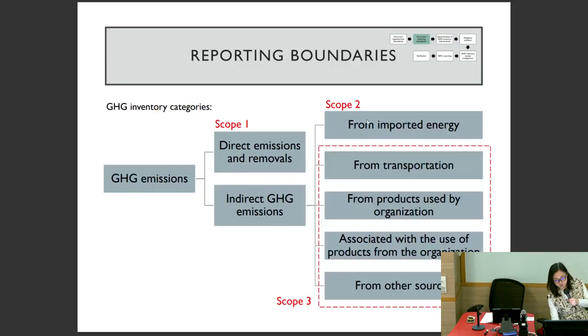For scope 2, it would be imported energy, like buying electricity, or town gas, or maybe we consume steam. So these are imported energy. Because of the consumption of electricity, there would be greenhouse gas emissions in the power plant.